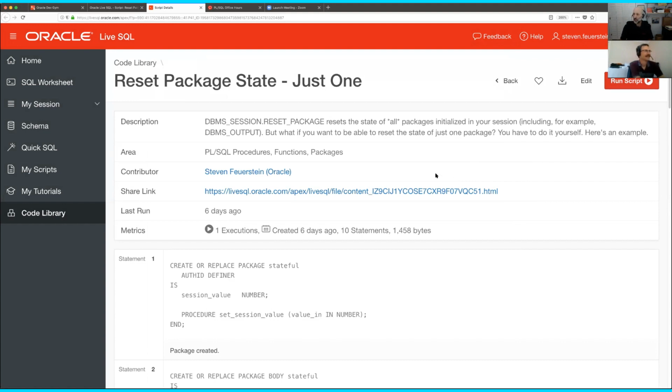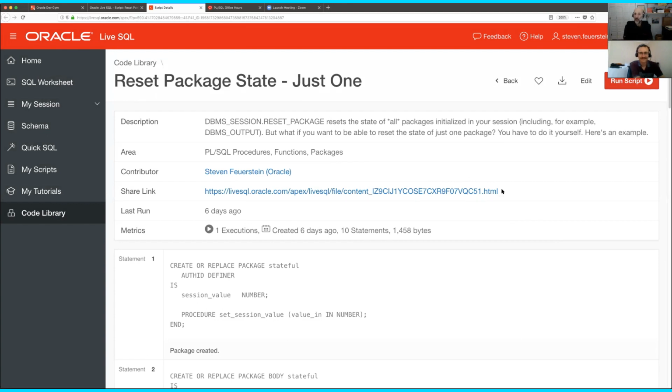Couldn't it be possible to implement reset at an individual package level? I assume that's a question. I think what Judith is asking, couldn't it be possible for the PL/SQL team to implement a reset at an individual package level? I would assume the answer is yes, since they're magicians when it comes to all things PL/SQL.